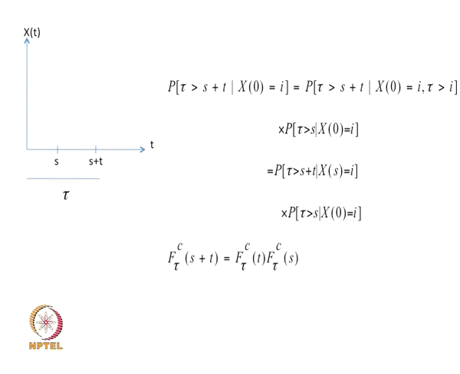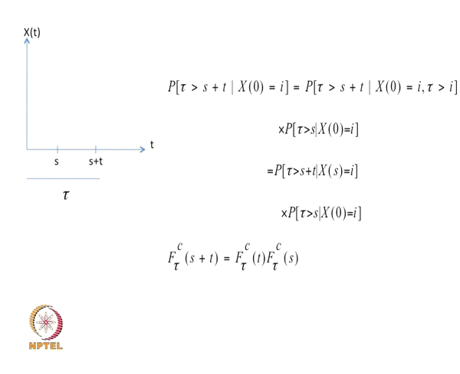That is the same expression here. Now, the probability of tau greater than s plus t given that X(s) = i, I can rewrite because this Markov chain is time homogeneous. So, from s to s plus t, that is the same as the complement CDF of the random variable tau for the time t, because it is s to s plus t, and since the Markov chain is time homogeneous, only the length matters, that is, the interval of length t.